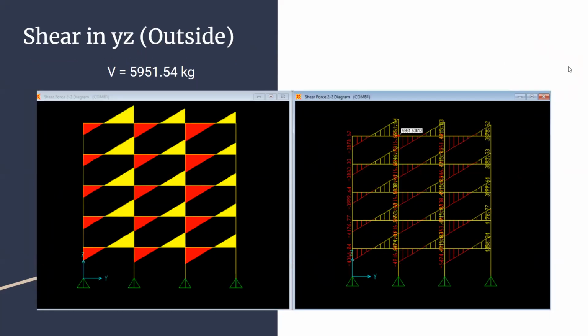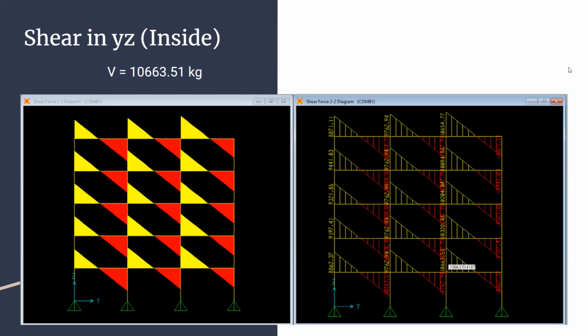Shear in the YZ plane in outside, the maximum shear is 5,961.51, and in the inside plane the maximum shear is 10,663 kilograms.